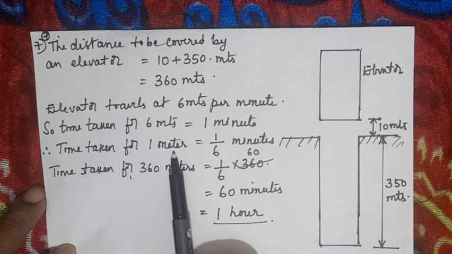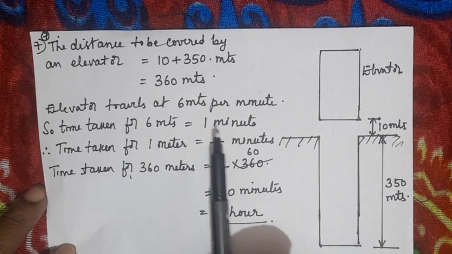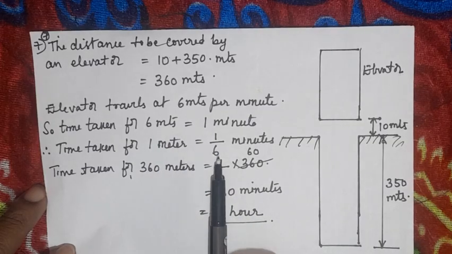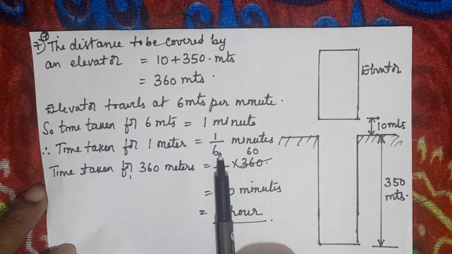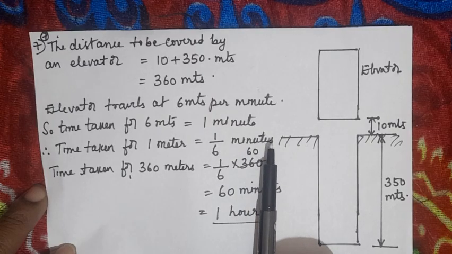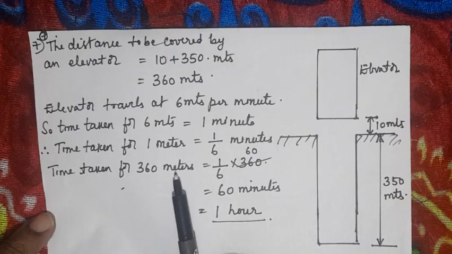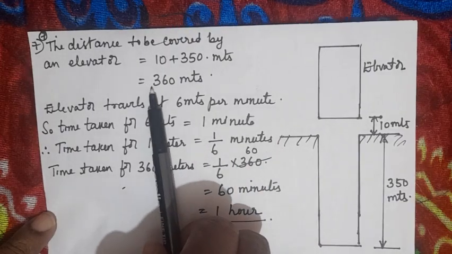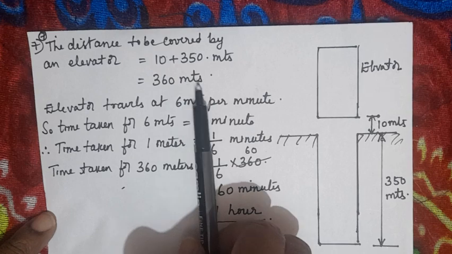Time taken for 1 meter: how much time will it take? That is 1 divided by 6, 1 by 6th of a minute. 1 by 6th of a minute it will take to travel 1 meter. So time taken for 360 meters. Now we have to find out how much time it will take to travel 360 meters.